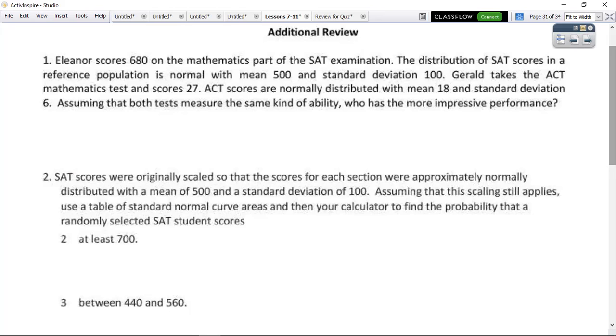What you need to do is standardize these scores. You are going to standardize your scores to compare them. So you're going to use the formula: X minus mu, divided by sigma.